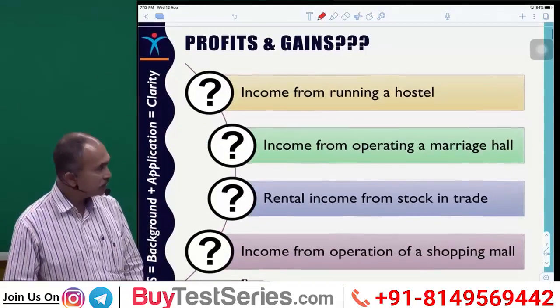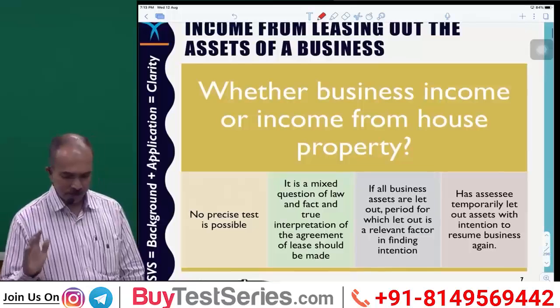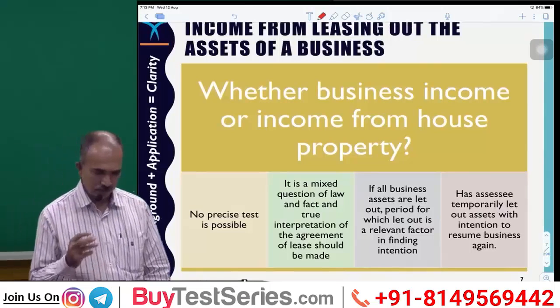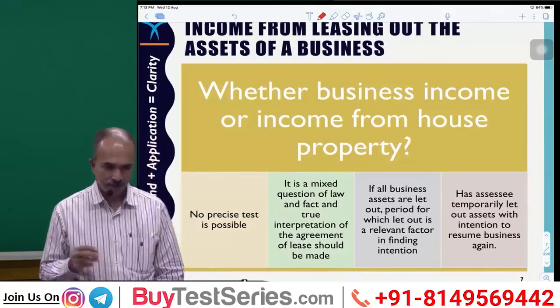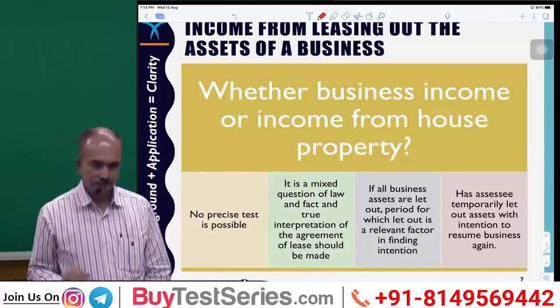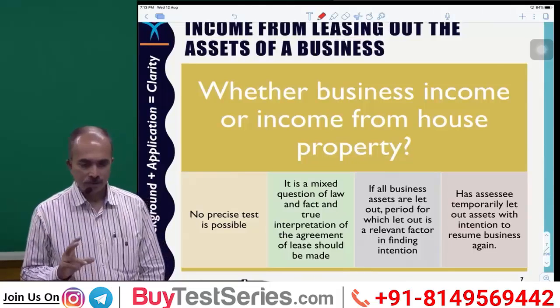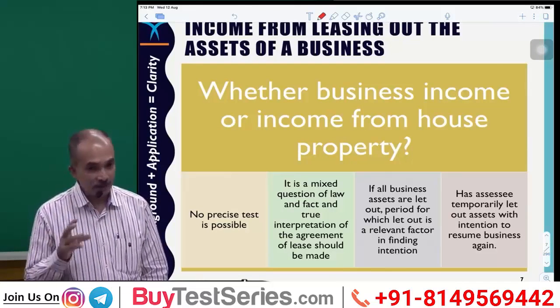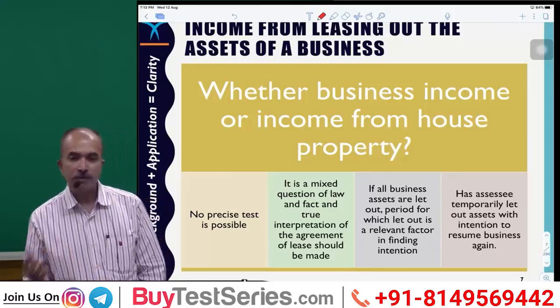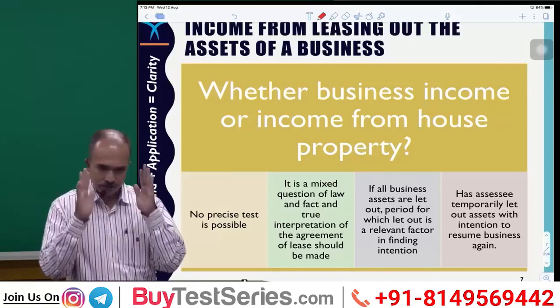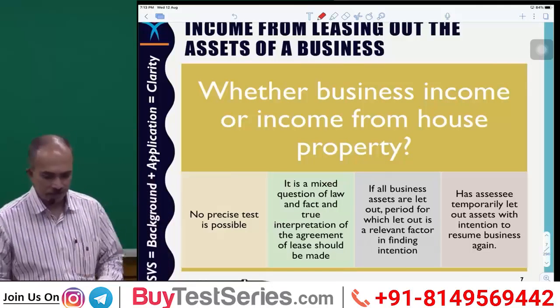These are some points which we are now going to discuss. But in principle, I have a building and I have given the building on rent. Now, is this to be taxed under house property, or under business or profession? That is the simple, plain question we are facing.